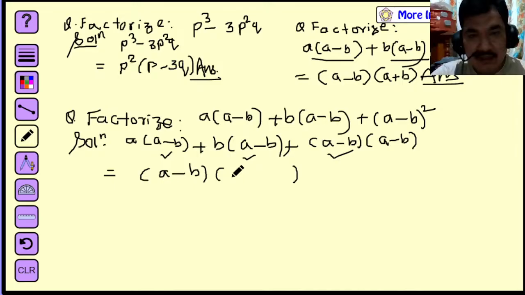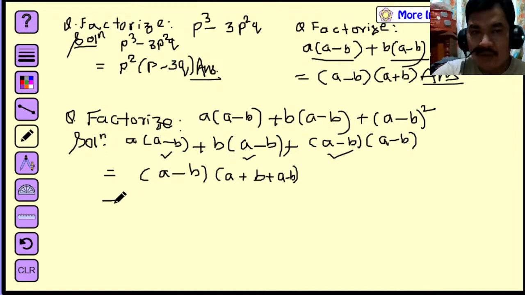Here the remaining is a. If you take a minus b common, here remaining is a only, and plus here remaining is b. And here, what is remaining? Plus sign is there, a minus b has been taken common, and that's why here remaining is another a minus b. Now look, what to do?